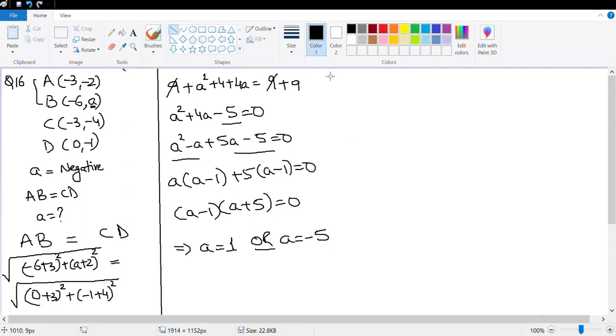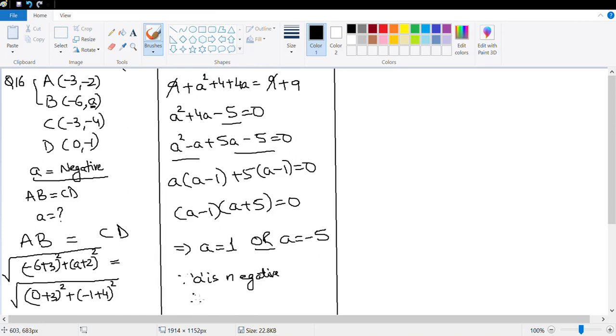So I have two values of A. The question said that A is negative, which means since A is negative, therefore A is equal to negative 5. So I have only one value of A, negative 5.